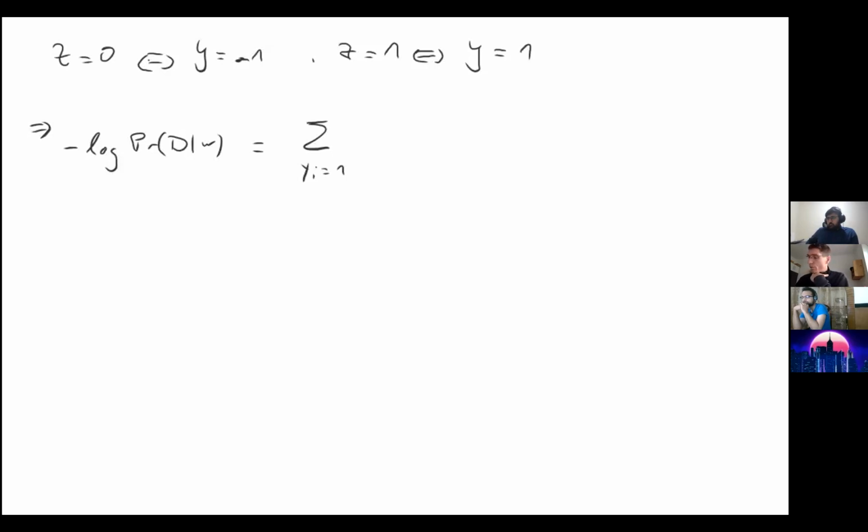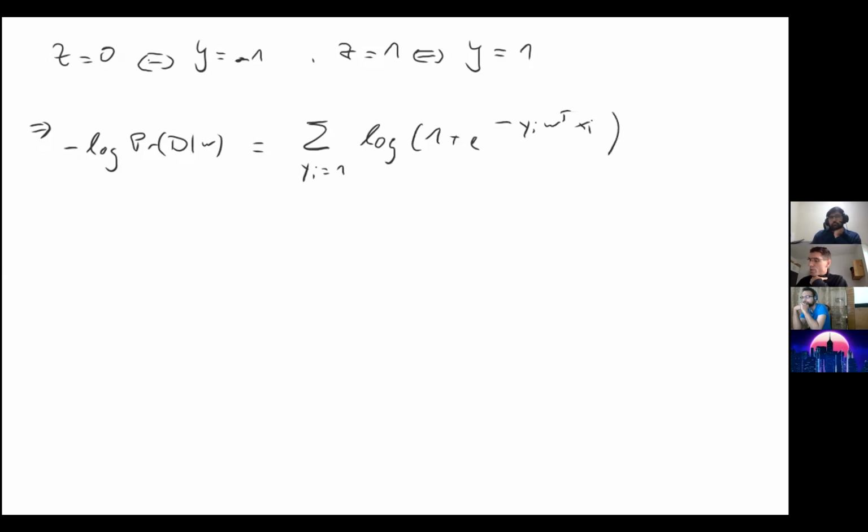and then we have the logarithm of 1 plus e to the minus yi w transpose xi. This yi here we can insert without any harm because yi is 1 in this sum.